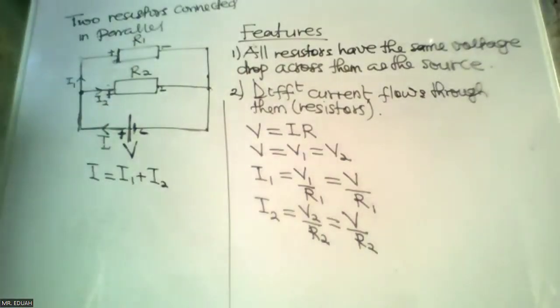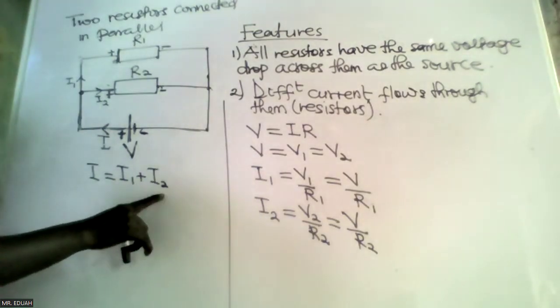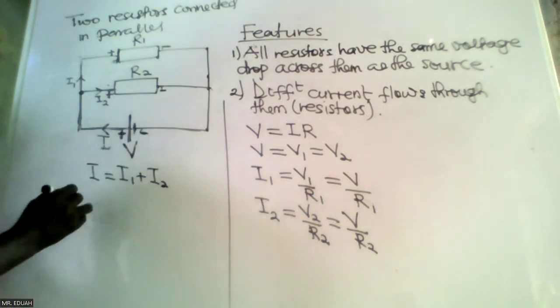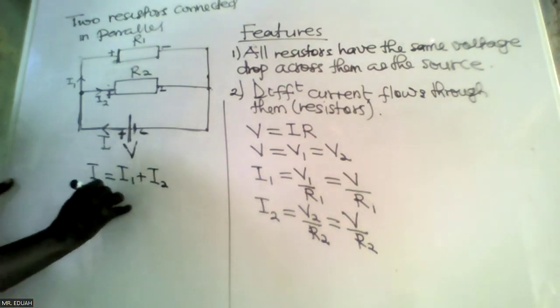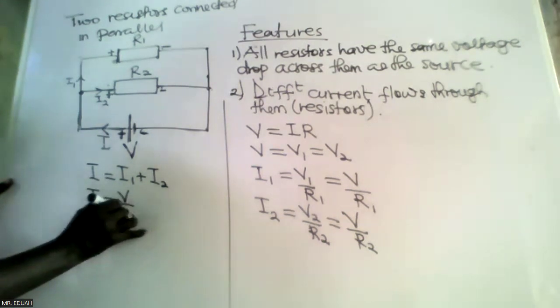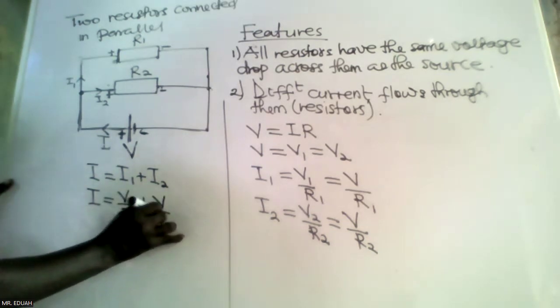All right, so if I is equal to I1 plus I2 and the individual currents have been established, then let's put them in. I is equal to V over R1 plus V over R2.